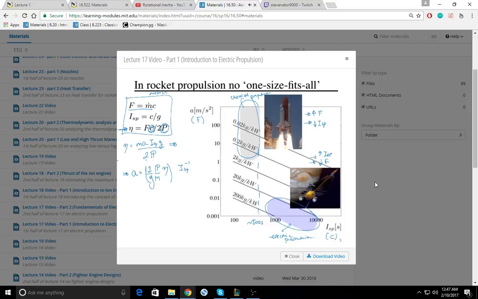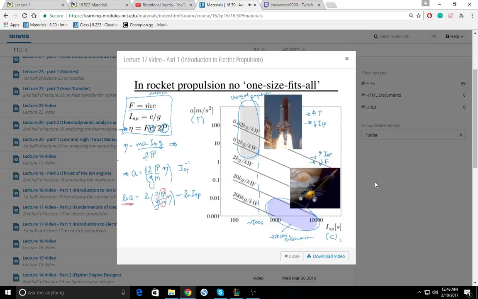So if we take the logarithm, because this plot is in logarithmic scale, we have that the logarithm of A equals the logarithm of all these values, 2 times the specific power times the efficiency divided by the gravity constant, minus the logarithm of the specific impulse. So if we have a given specific power per unit mass, the gravity constant is a constant, the efficiency will be a given value.